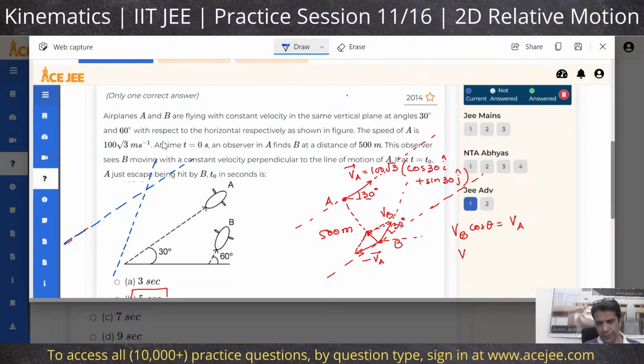Correct, no beta? Yes, sir. Now, what does A see? Initially at time t equals 0, A sees that B is here, right? Then what does it notice? That now B is moving exactly towards it, right?